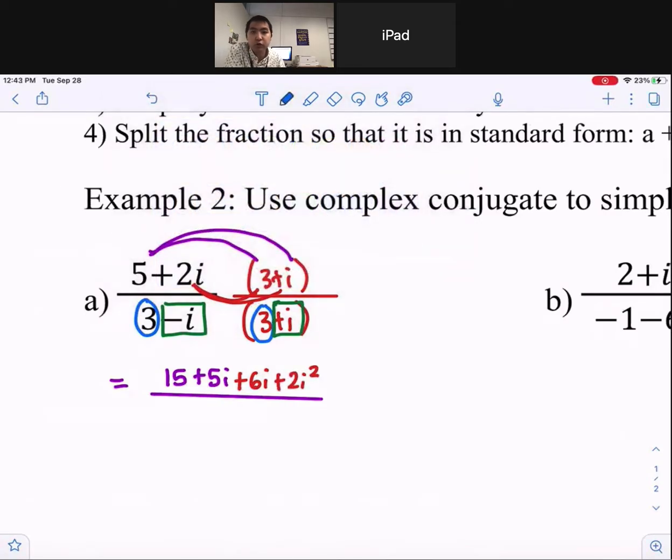Now we got the blues, right? 3 times 3, you guys, that's 9. Negative i times i is negative i to the second power.